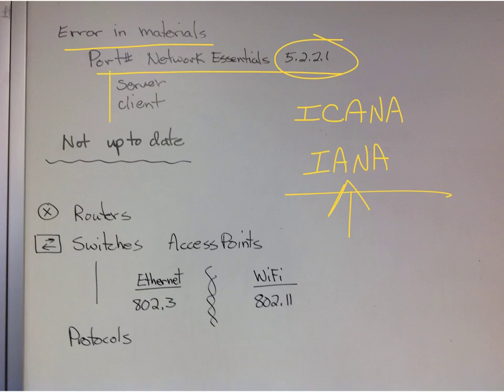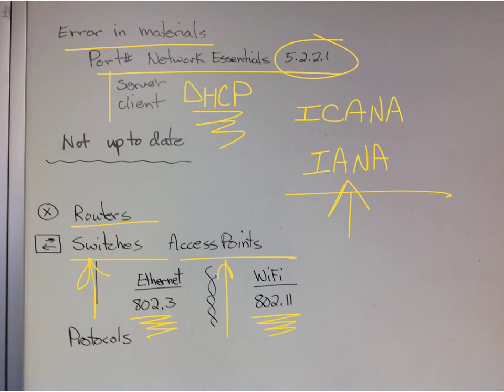Talked about port numbers for server and client for DHCP. Talked a little bit about the difference between routers, switches, and access points. Getting access into the network, IEEE 802.3, 802.11, Ethernet, Wi-Fi.